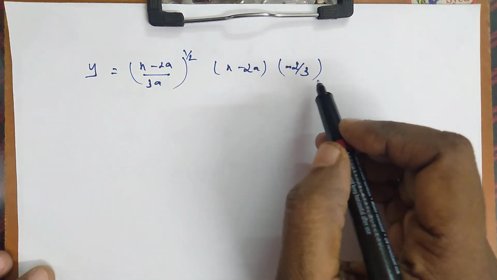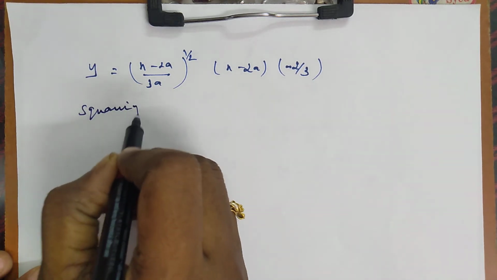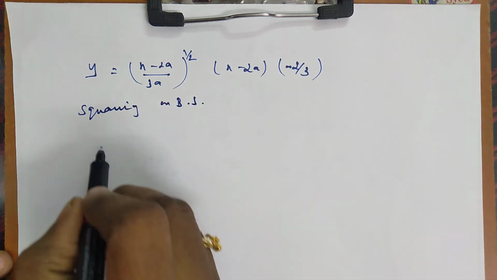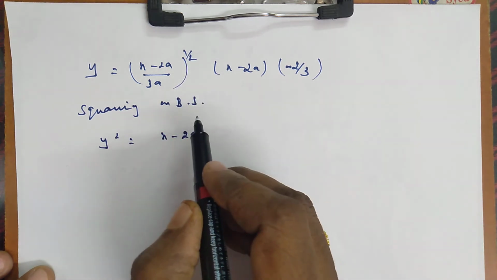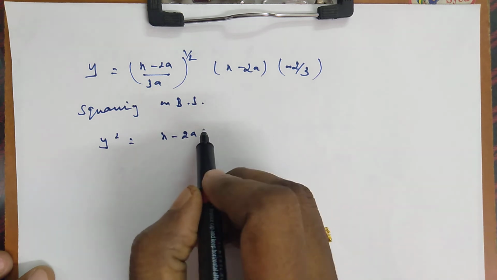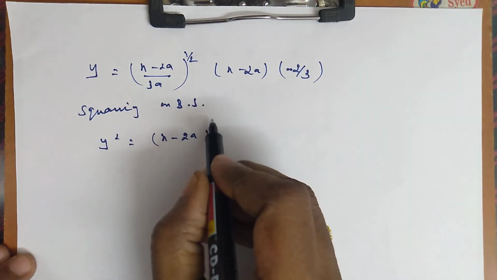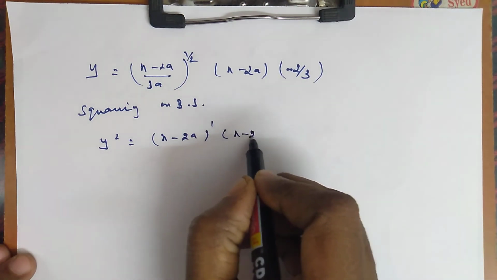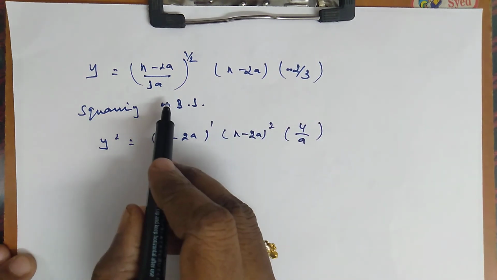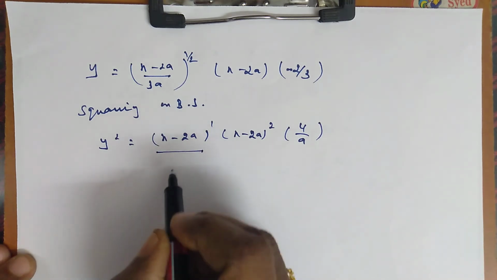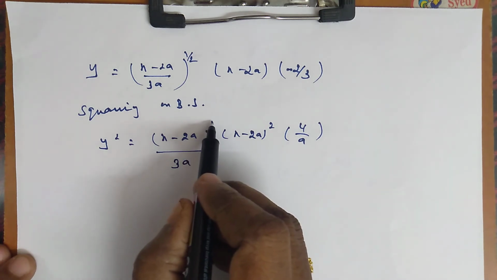Now we square on both sides. Y square equal to x minus 2a power 1 from the first factor, and the second factor becomes x minus 2a power 2 into 4 by 9, with denominator 3a.